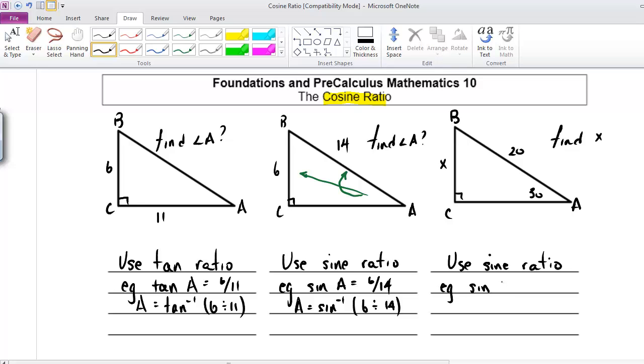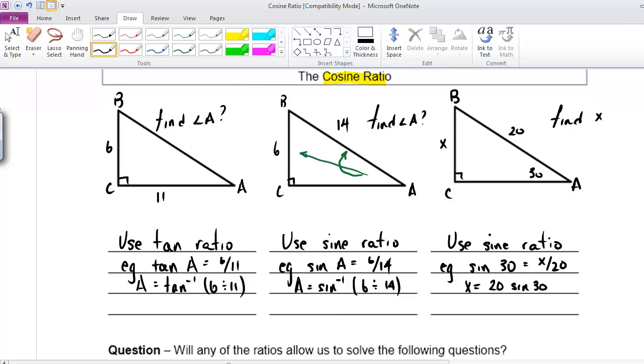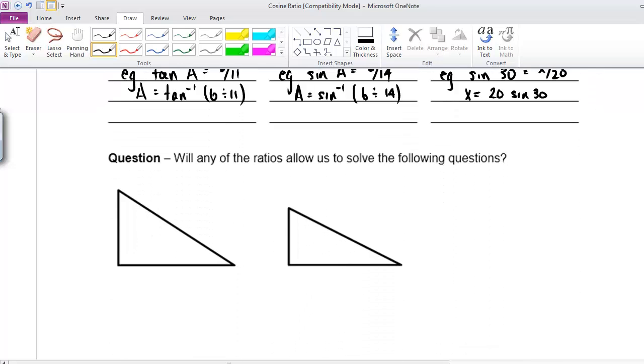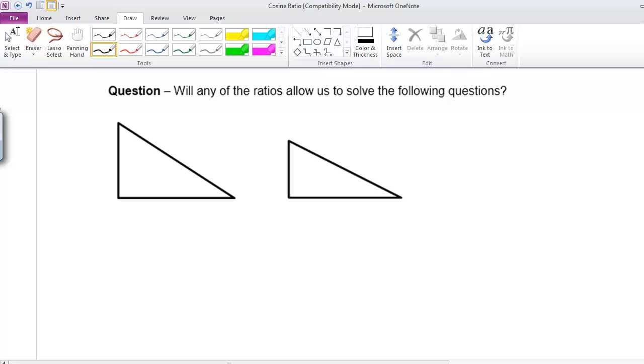We'd set it up, and we'd solve an equation. And there are only 3 kinds of equations. We've looked at them here: when the unknown is in the angle, when the unknown is on top, and when the unknown is on the bottom. So I'm hoping you're recognizing you're doing the same thing with a different ratio.